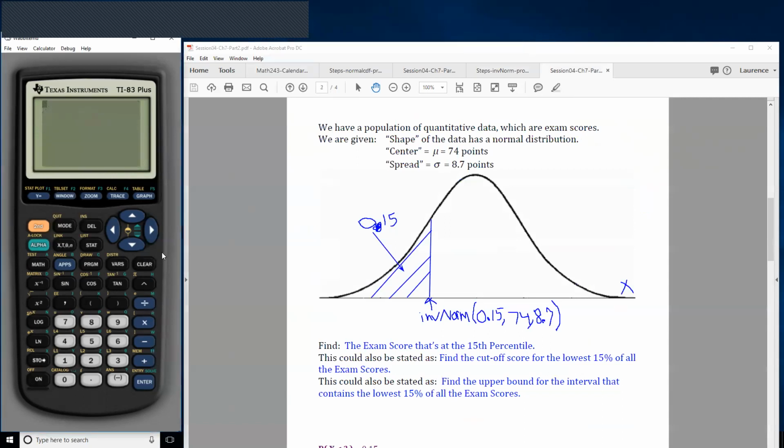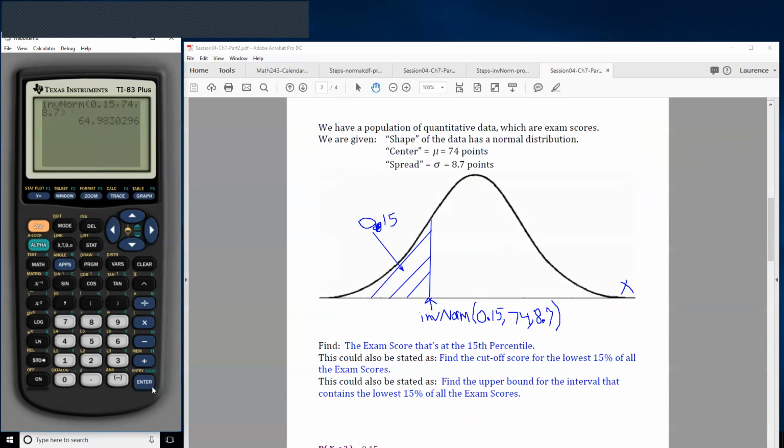So I'm going to hit clear, and we'll press second, vars, but this is choice 3 for inverse norm. Now you got to enter that area as a decimal. So 0.15, comma, then 74, comma, then 8.7, right parenthesis.